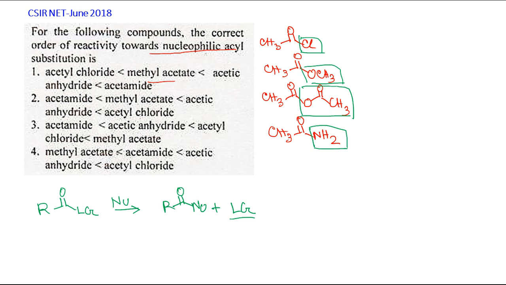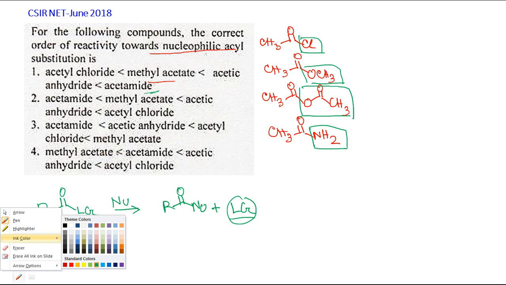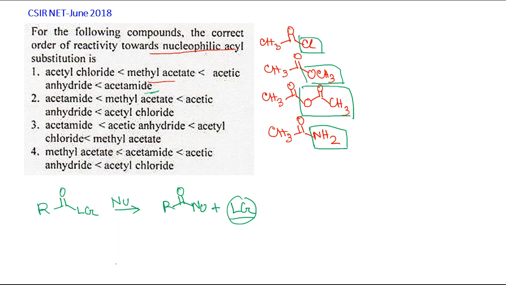So suppose you consider option 1, it is saying that acetamide has the maximum order of reactivity. That means the corresponding leaving group NH2 will be the better leaving group. So we just have to choose in which case the leaving group is better. So next we will write the leaving groups: Cl minus, methoxy, then we have acetate, and we have amide.